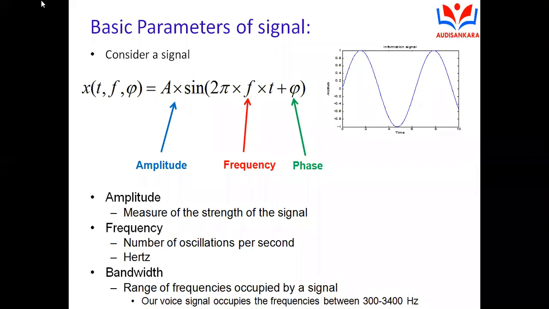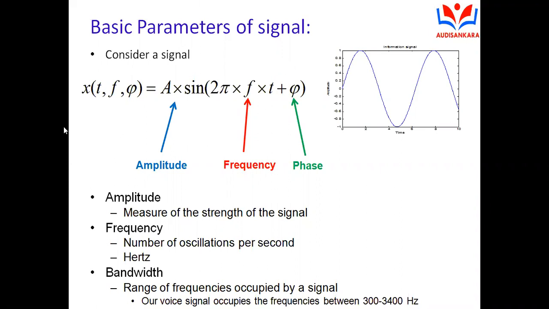Here it is given as x of t, f, phi, where t means time, f means frequency, phi means phase. It is represented as a sin(2 pi fc t plus phi). Here we are not concentrating on the carrier signal just now, so instead of fc we are considering only f.